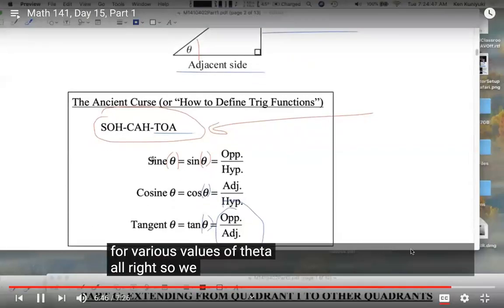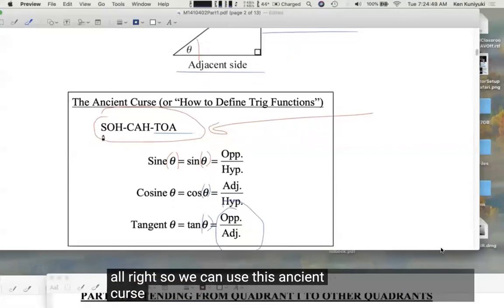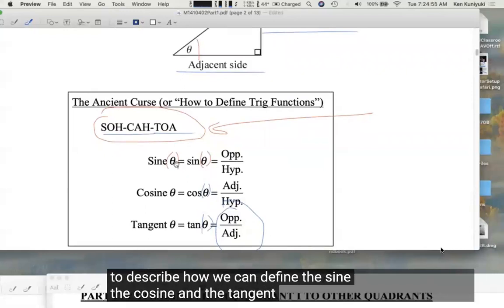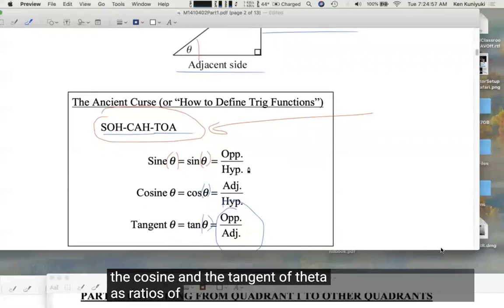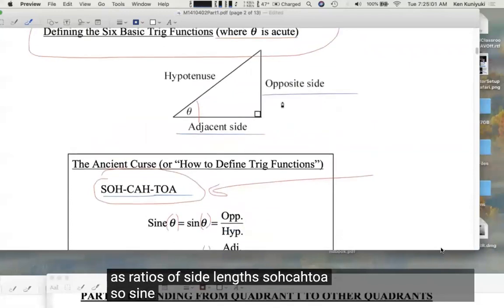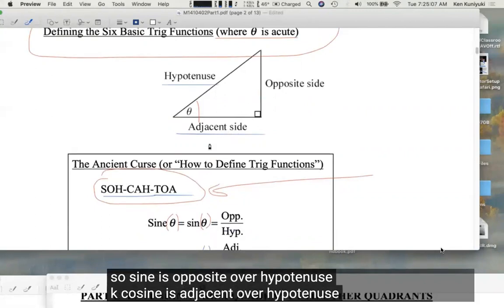All right, so we can use this ancient curse, Sohcahtoa, to describe how we can define the sine, the cosine, and the tangent of theta as ratios of side lengths. Sohcahtoa. So, sine is opposite over hypotenuse. Cah, cosine is adjacent over hypotenuse.